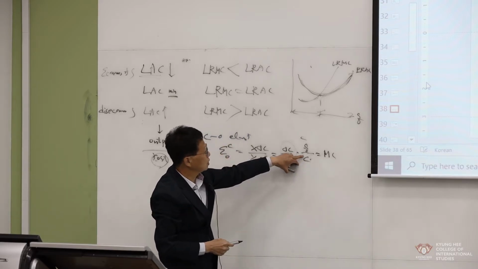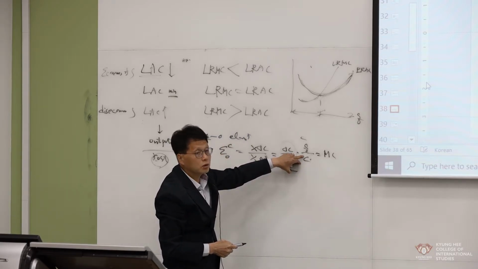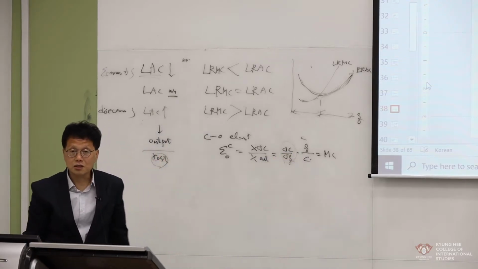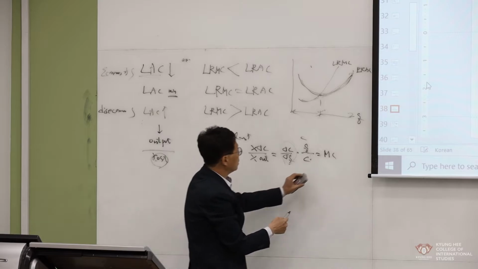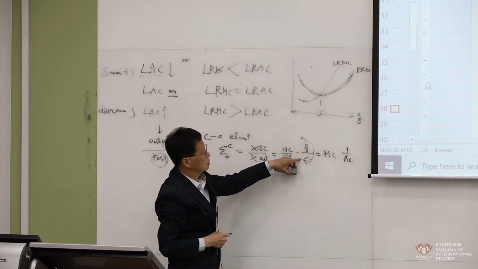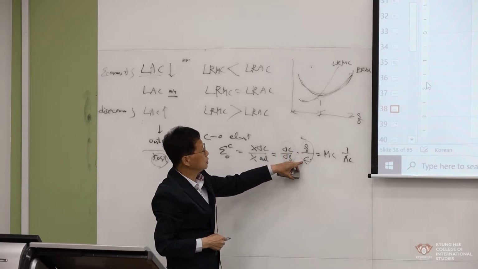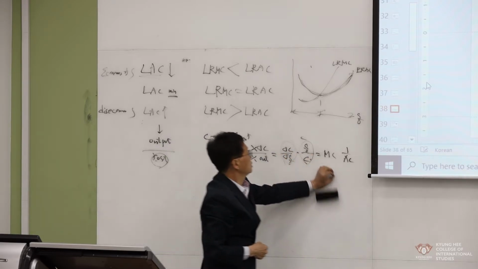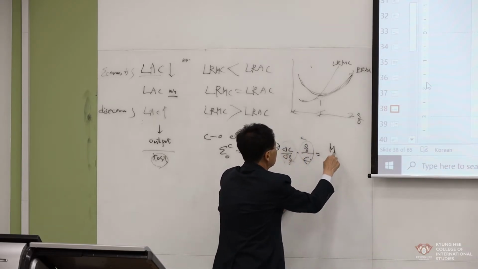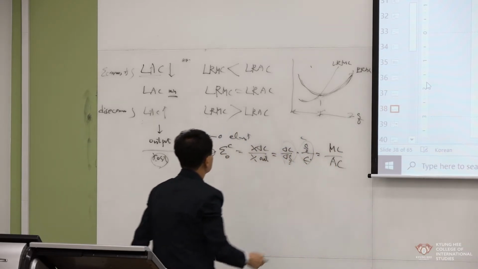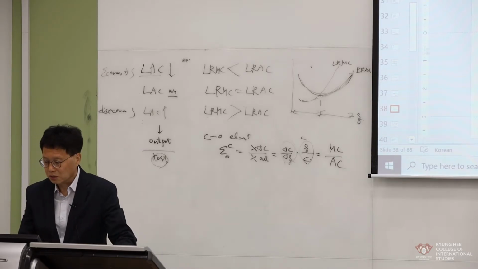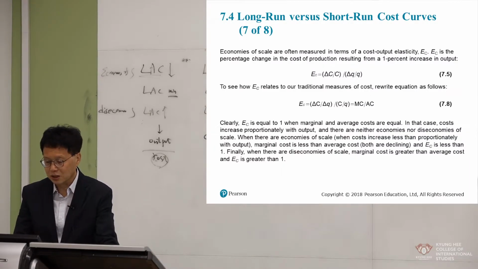Q over C, the reciprocal value of C over Q. C over Q is average cost, isn't it? So in sum, we can write marginal cost over average cost. That is output elasticity of cost. That is explained here.